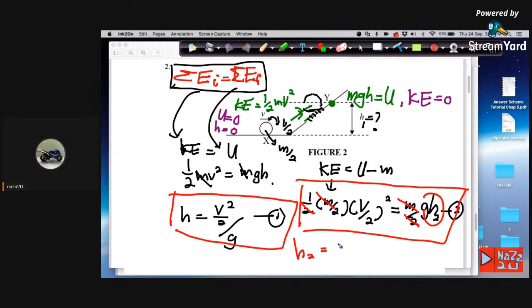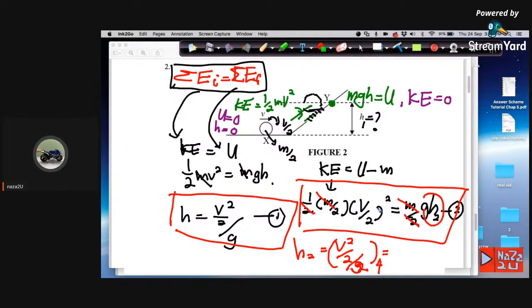So kita akan dapat sini, this is v square divided by 2g, and this is 2 squared, so this is 4. So kita akan ada over g, and this is divided by 4.